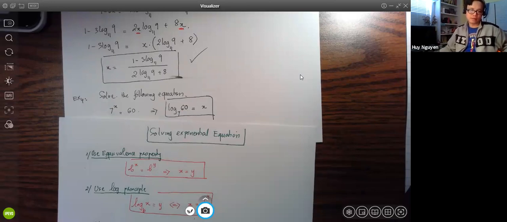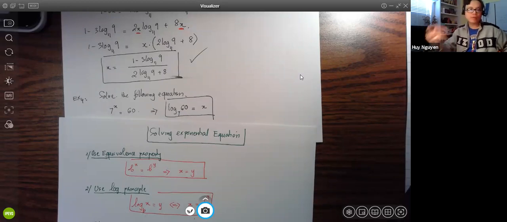I think for some students, using the log principle to rewrite to get your final answer will be hard, because it's very hard to see which one is x, which one is b, which one is y. So this is what I recommend.